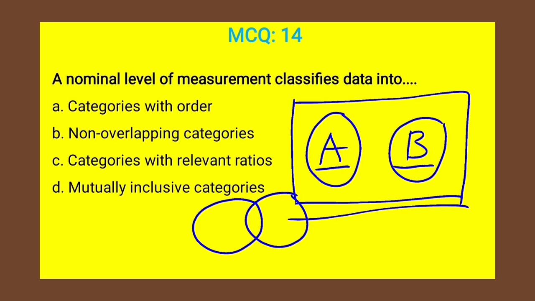So you have category A and category B. When it comes to nominal level of measurement, we are saying that it is non-overlapping categories. It also means the same thing as mutually exclusive. So the answer is B in that case. So let's take note of that.